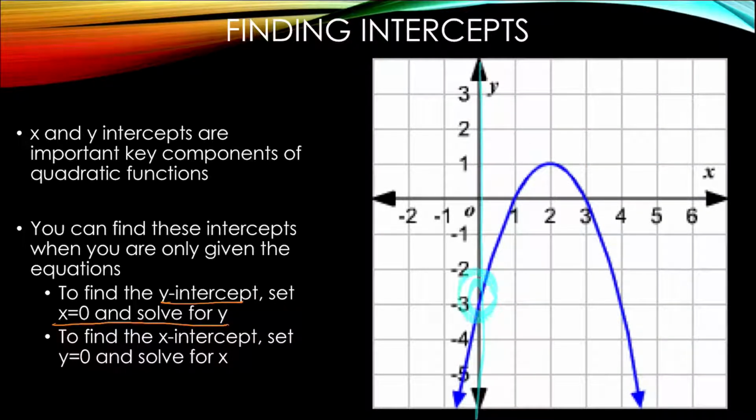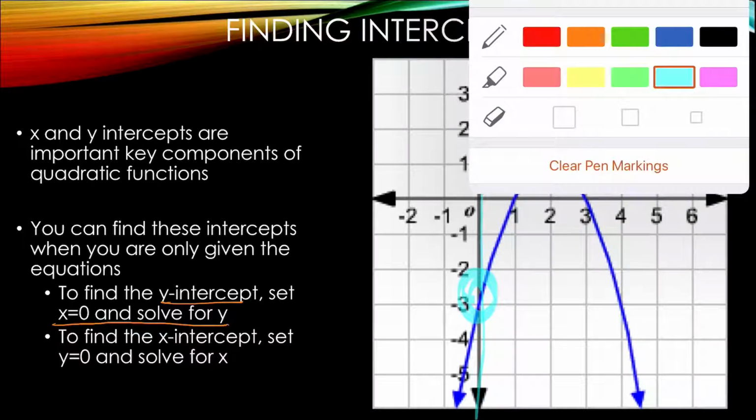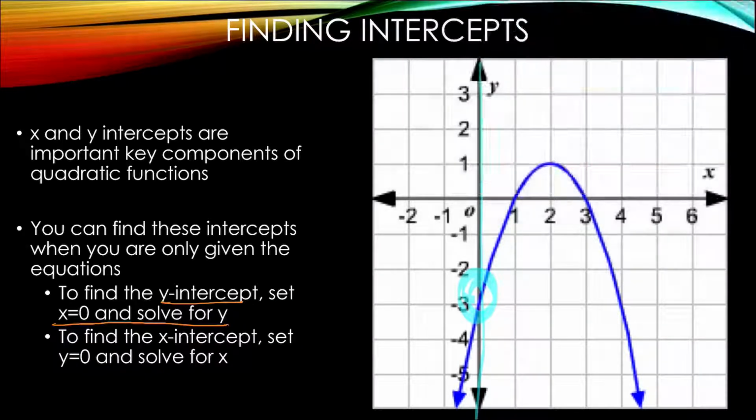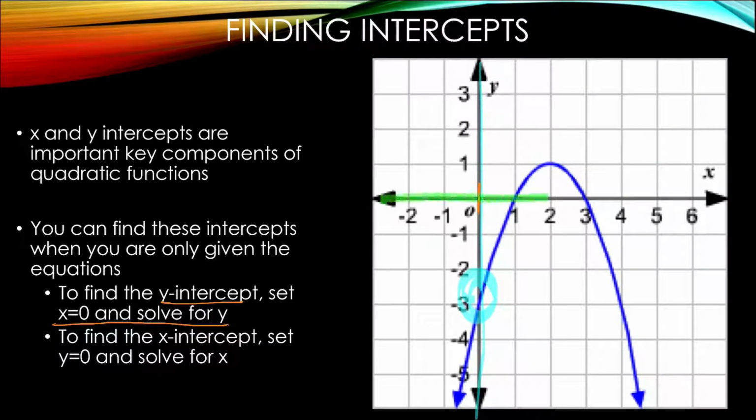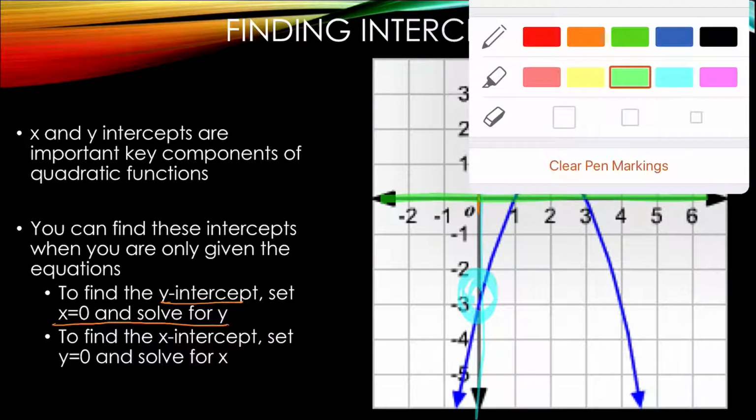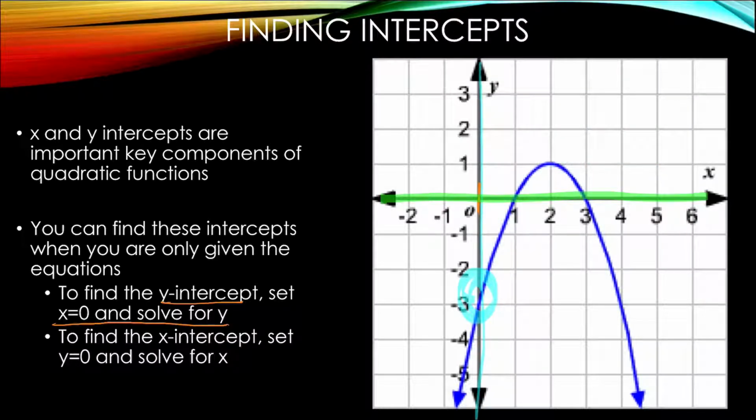We can see it crosses somewhere right there. The reason that we set x to 0 is because all along this axis, x is 0. So if we use that same logic to find the x-intercepts, I'm going to set y to 0 and then solve for x. So there are my x-intercepts right there.